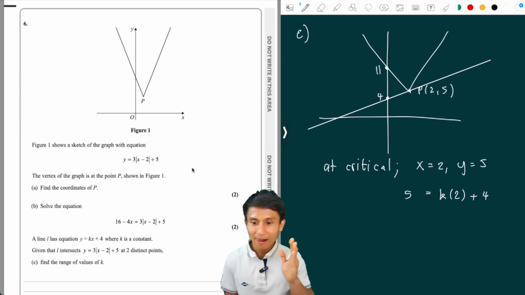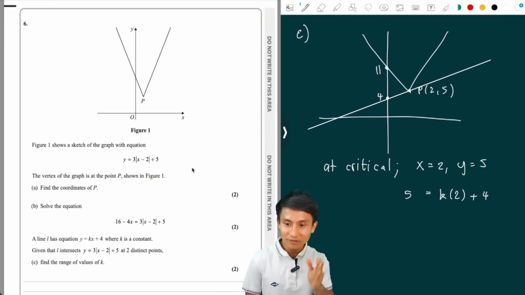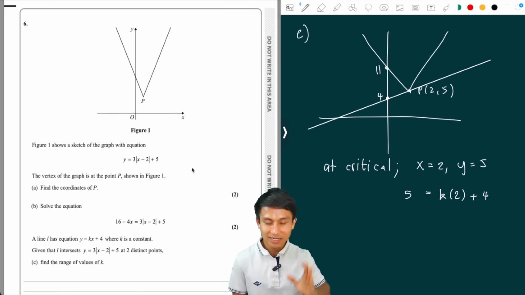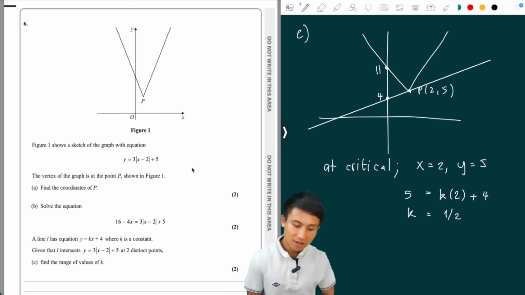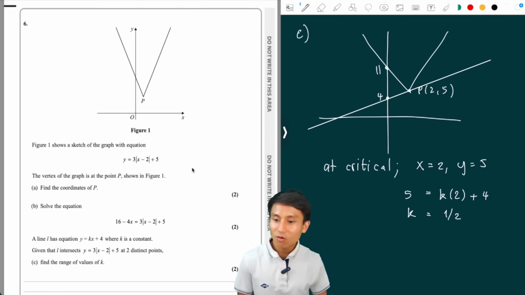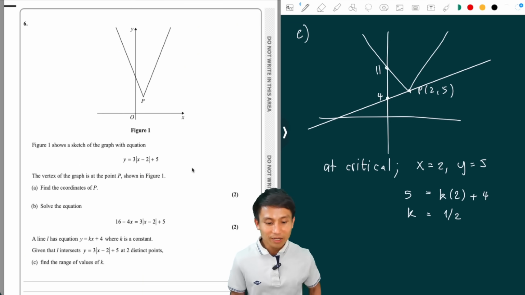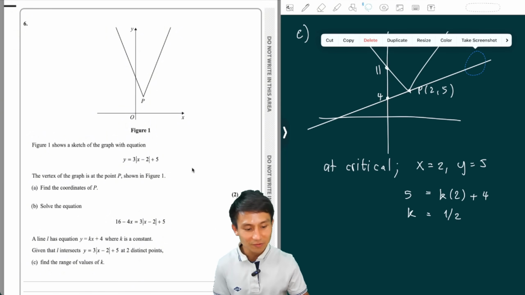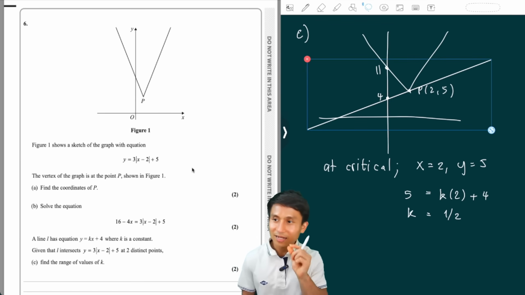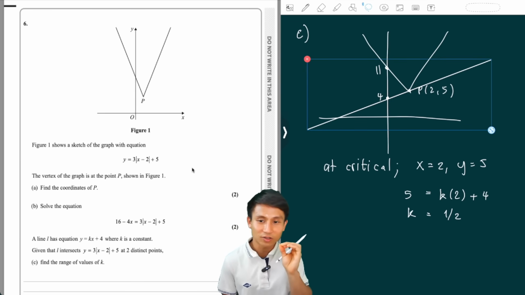Now, I just spotted that we need to find the range of values of k. Well, this is the value of critical k, so we're just going to solve for it. So k being 1/2 here, right? Now, why does it ask for the range? Well, if k is 1/2, it's just going to cut the vertex, but at this point it only cuts once, not 2 points.